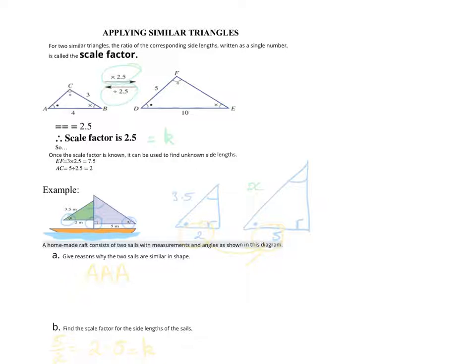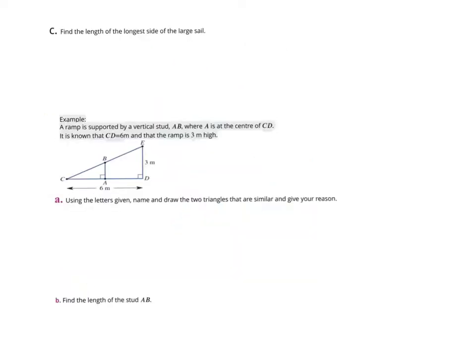Part C on the next page is asking us to find the length of the longest side of the large sail. I've labelled that as X. How do I know that's the longest side? It's the hypotenuse, and we know the hypotenuse is the longest side. To get from 2 to 5, I times by 2.5, so I have to do the same with my scale factor to get to X. X is equal to the length of the smaller sail, 3.5, times the scale factor, 2.5.